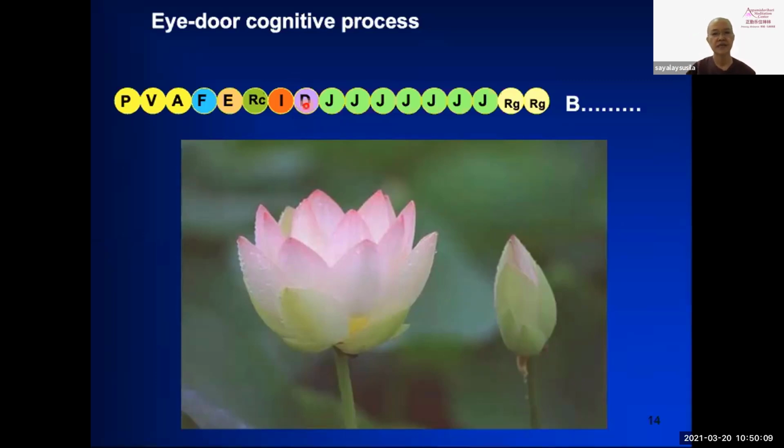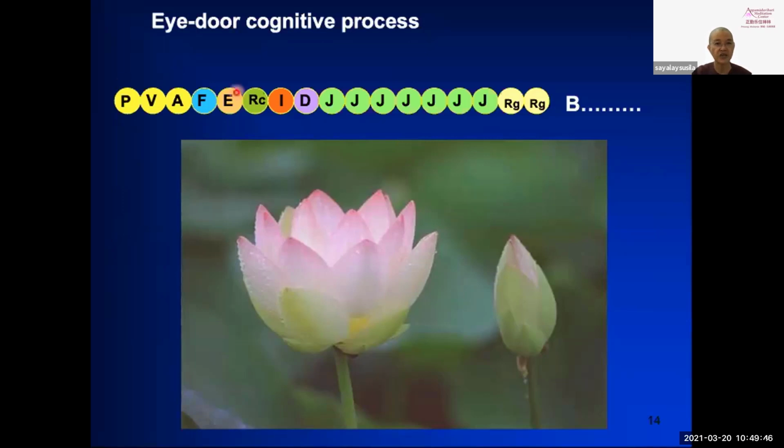Then after you determine that object already, oh, it is a visible object. You determine clearly already. Then javana, 7 javana. What is the meaning of javana? Javana literally means running swiftly, running very fast. It is so named, impulsion, javana, because it runs 7 times swiftly over a single object.